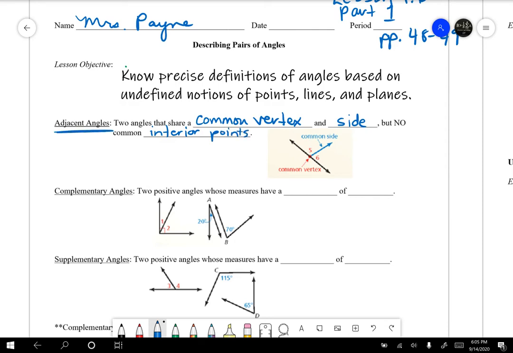So adjacent means right next to each other. Angle 5 is right next to angle 6. They have one common side, the blue side, but there's nothing from the inside of 5 that's also in the inside of 6.